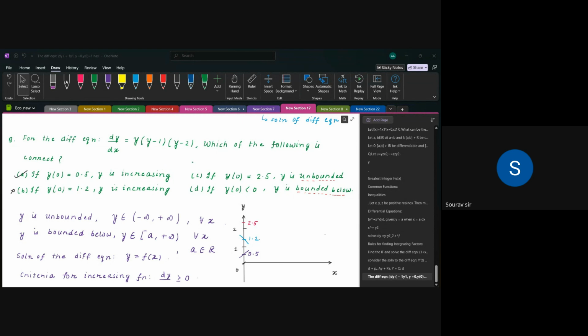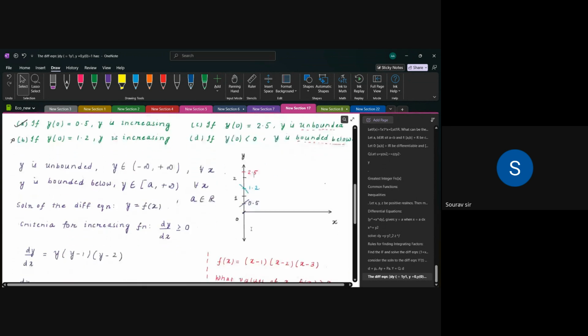So what about option C? Anyone? So for y equals 2.5, what is the expected sign of dy/dx? So 2.5 means more than 2.